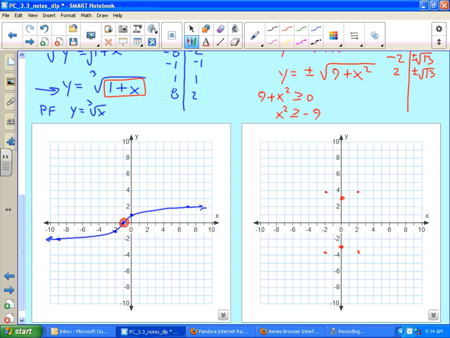And if I kept picking values of x, notice that the graph never hits the x-axis. And we already knew that because of this. That means I have no real zeros. But what this graph does is kind of look like that.